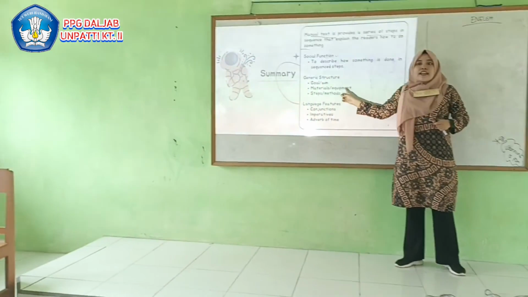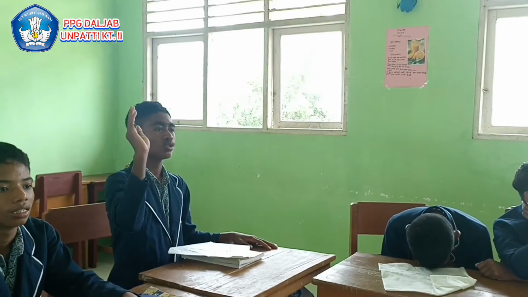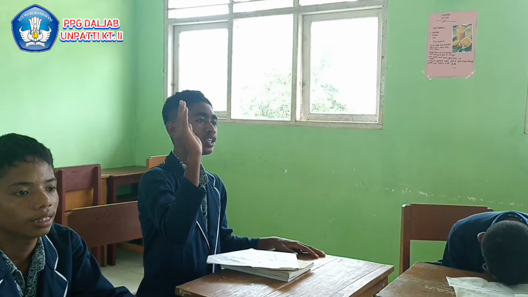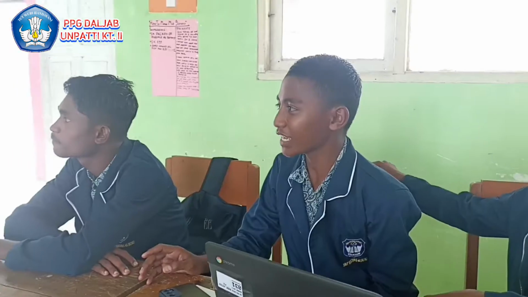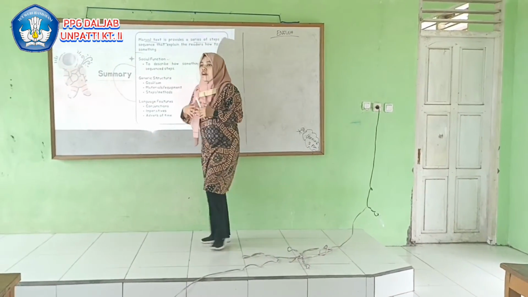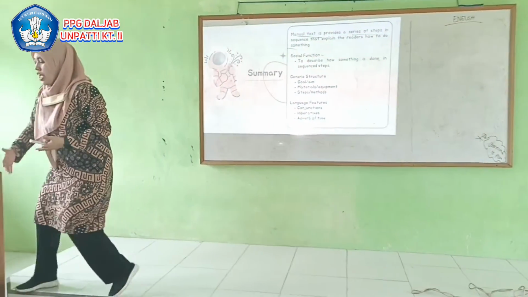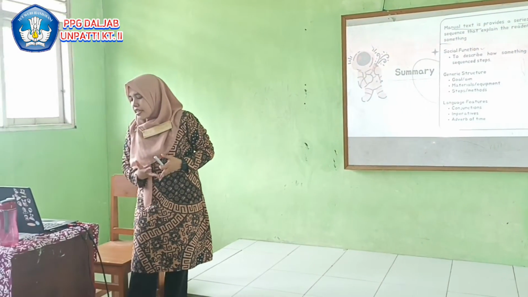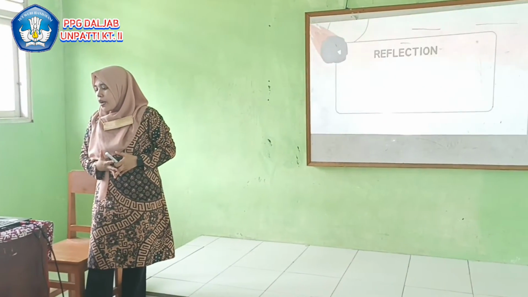A generic structure. Yes, Fauzan. Goal, material, steps. Conjunction, relative adverb of time. Okay, so far any question? Okay, so that's all of our learning today, and then next is our reflection.